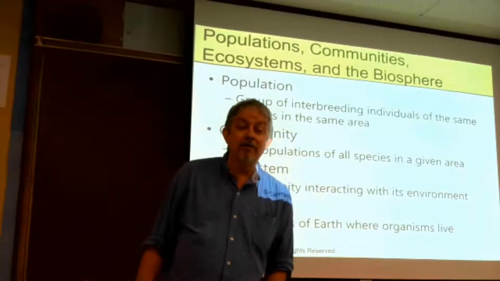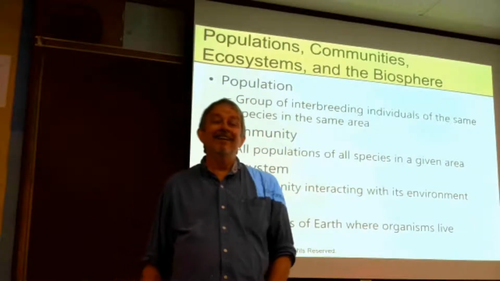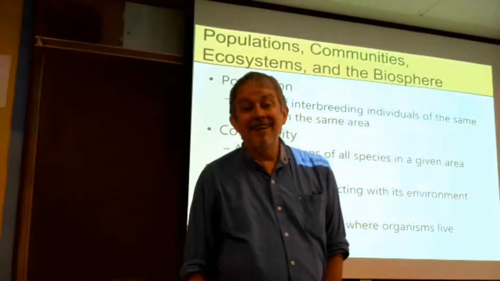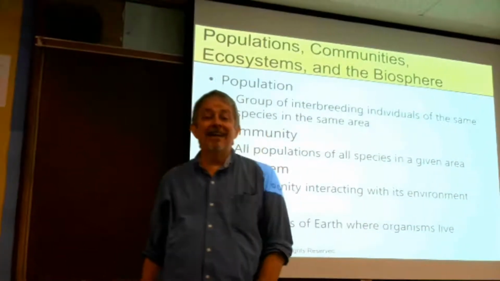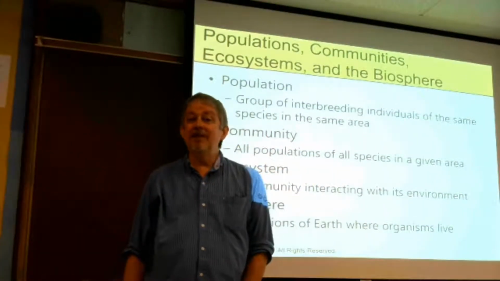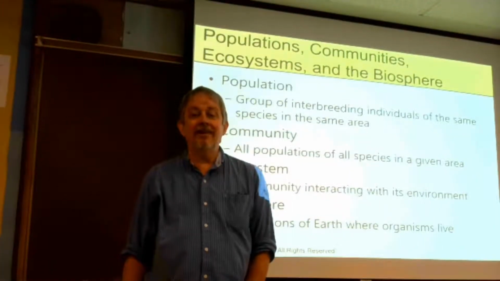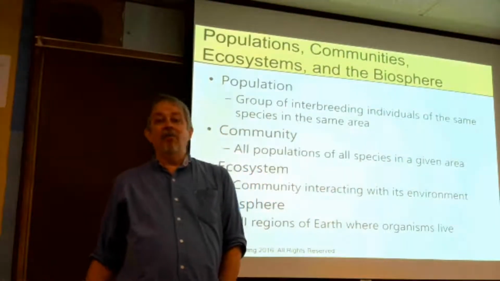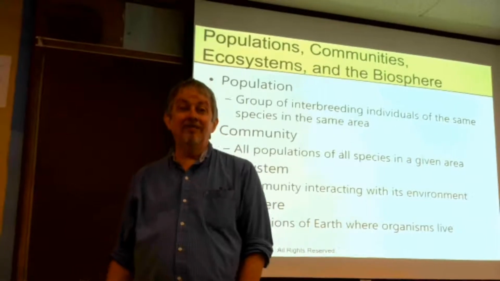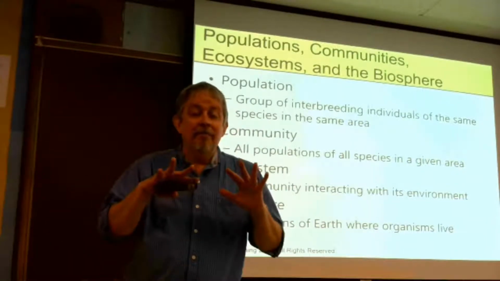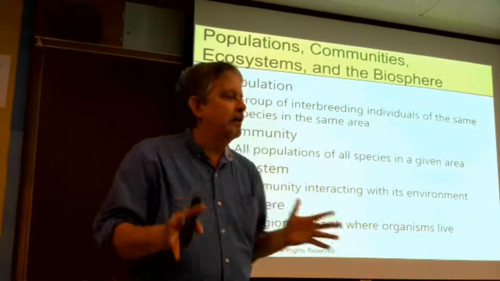So the population of humans on this campus right now is probably only about 20. And all the buildings here on this campus, when the semester is up and running and thriving, we can have well over 1,000 here at one time. So it is the number of the same species in a given area.